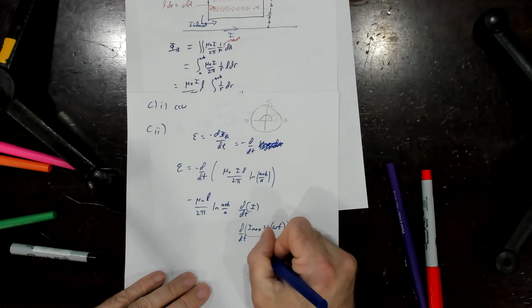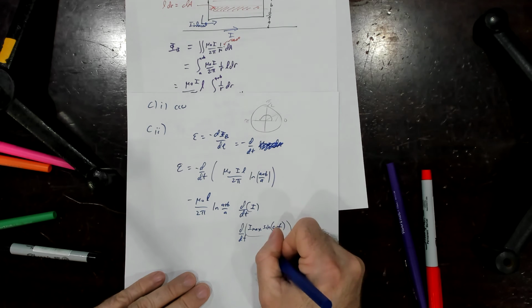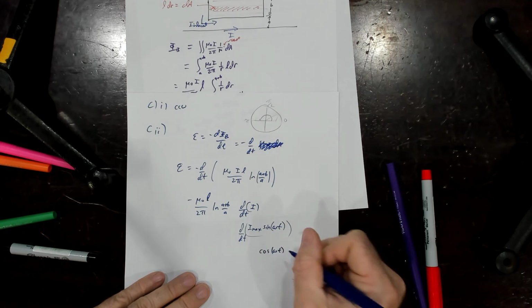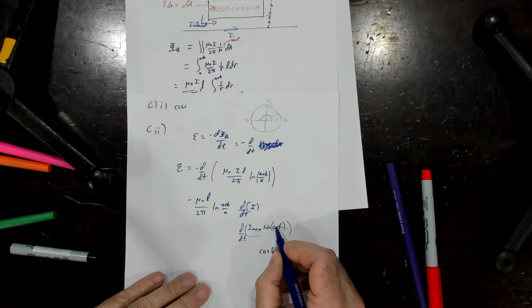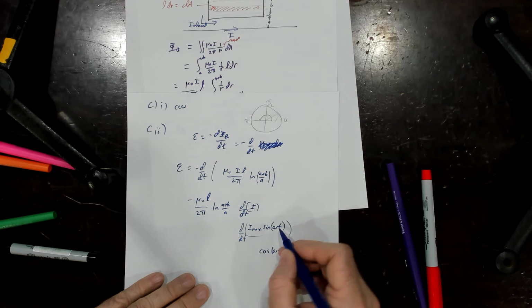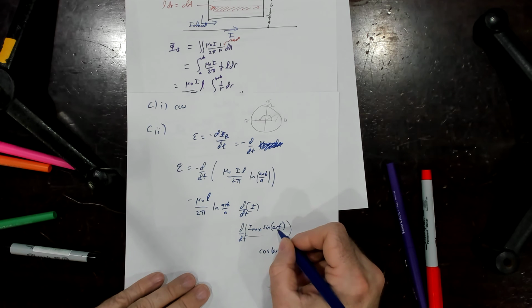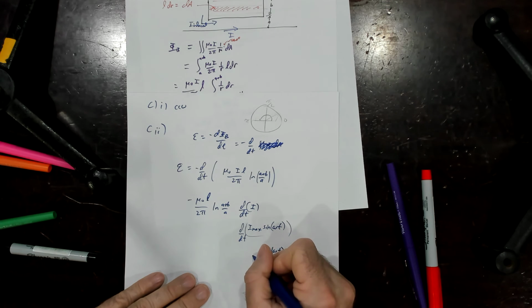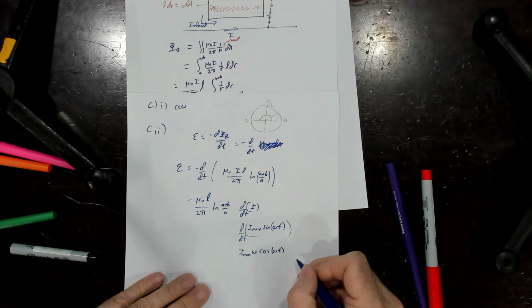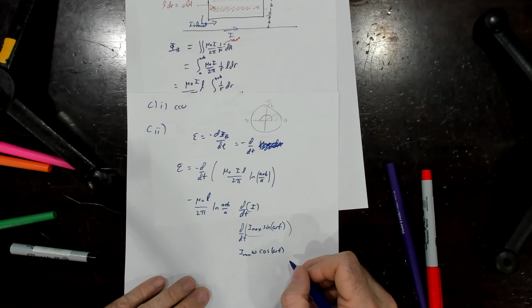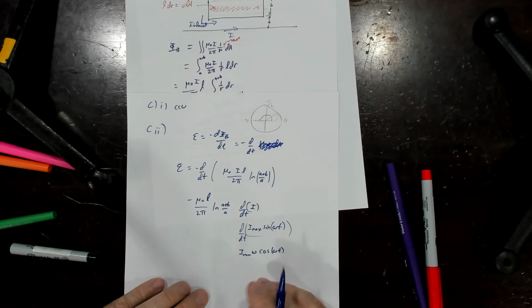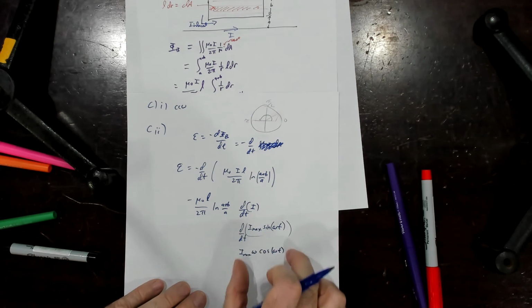Derivative of sine is cosine, right? Yeah, cosine of omega t. But there was a function inside the sine function. There's an omega t, so I've got to multiply by its derivative. That's that chain rule idea. The derivative of omega t is omega, so that's going to kick an omega out. So I'll have I max omega cosine of omega t.